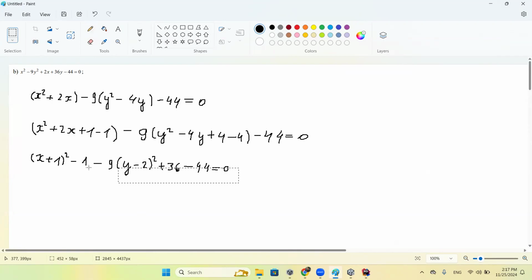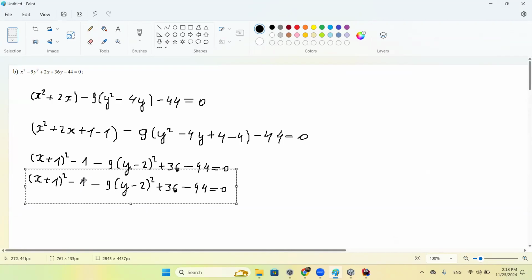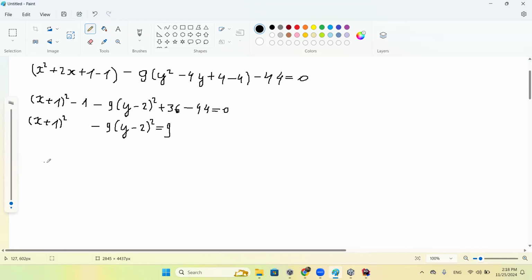And now let me move the constants to the right side: minus 8, minus 9, so 9 on the right side. And then writing down the equation.